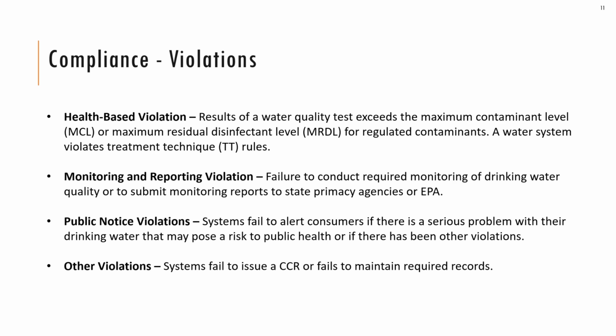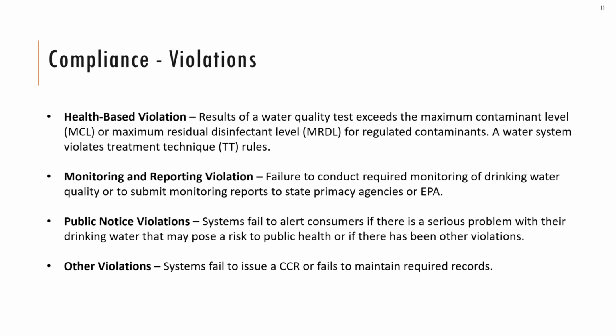of certain contaminants. Next is a monitoring and reporting violation, which occurs when systems fail to conduct the required monitoring for drinking water quality, monitor for specific contaminants, or fail to report the results to their state primacy agency or EPA.